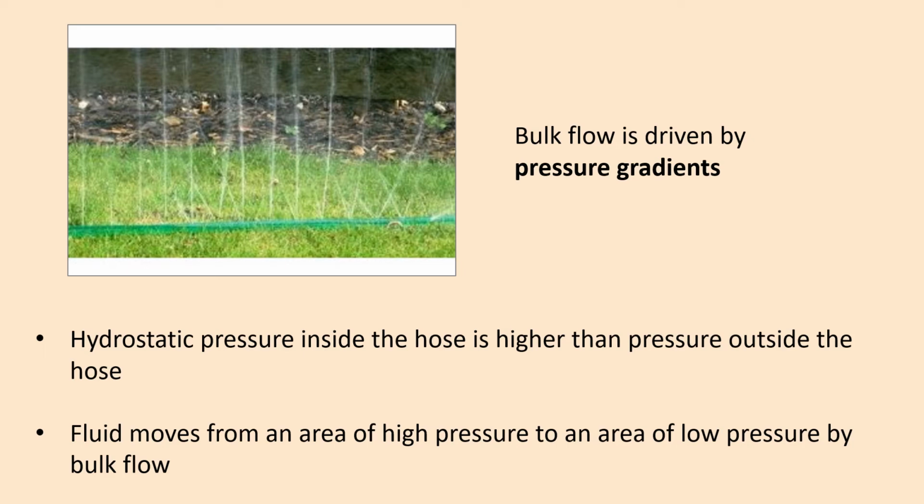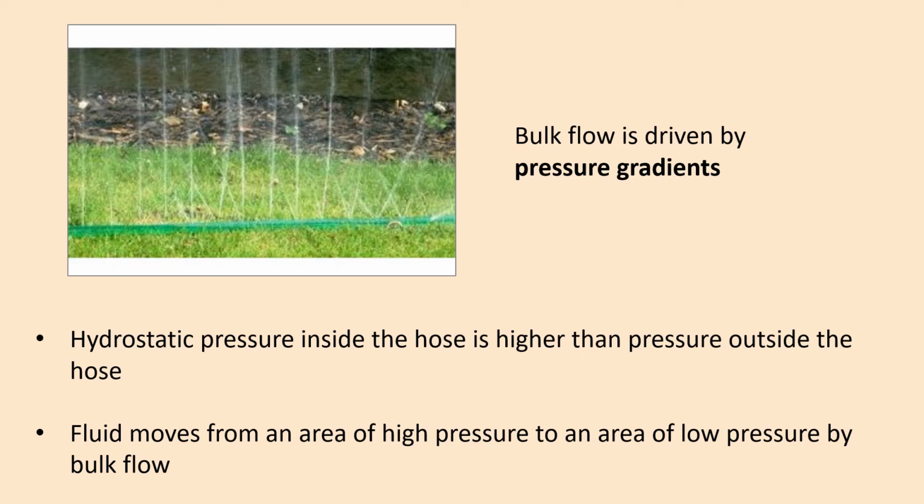So the wall of the hose is permeable, much like the wall of a capillary. And the movement of water here from inside the hose to outside the hose, that's driven by a pressure gradient, right? The water pressure inside the hose is greater than the pressure outside the hose. And so water is going to flow from an area of high pressure to an area of low pressure. And yes, this is water, but let's imagine that this is not pure water. Now we've added a bunch of solutes to it.